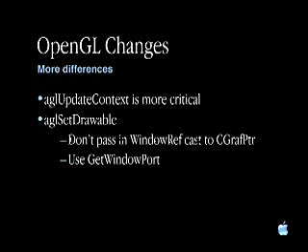A few more differences. AGL update context is more critical. You need to call it when you make changes to the context so that OpenGL knows what's going on. And I think in some cases you could get away with not calling it everywhere on macOS 9, but on 10 it's much more critical. You need to call it. And also, AGL set drawable.